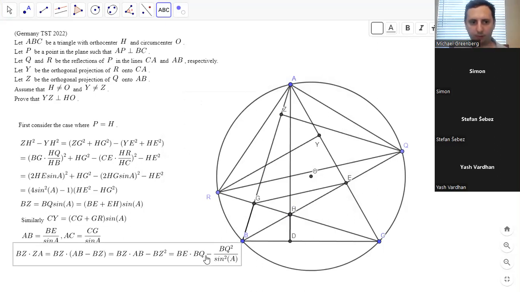Okay, so we have this expression, and then we have the same expression for Y. And then we want to show that when we subtract them, we get this. Seems like it, is there a faster way?